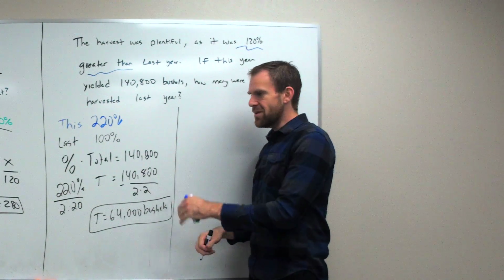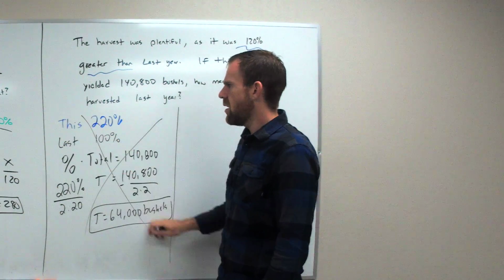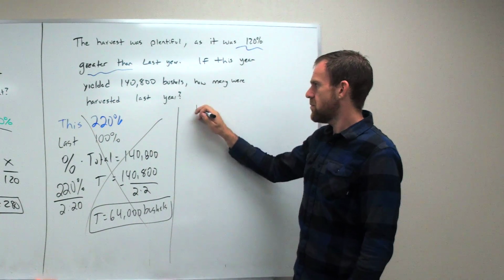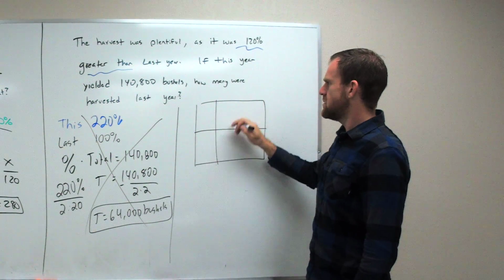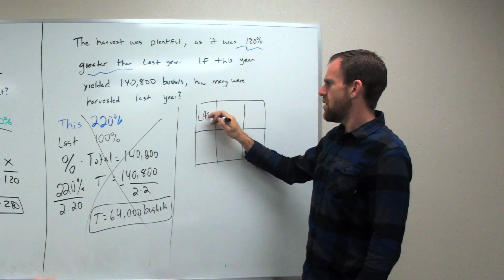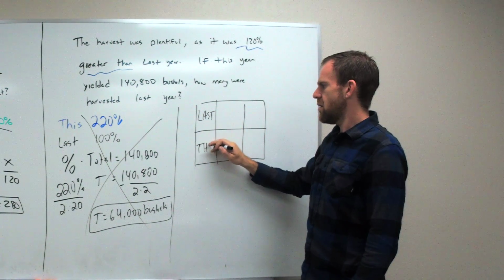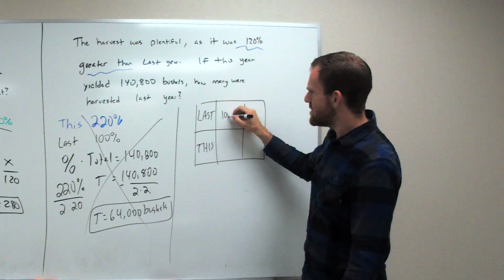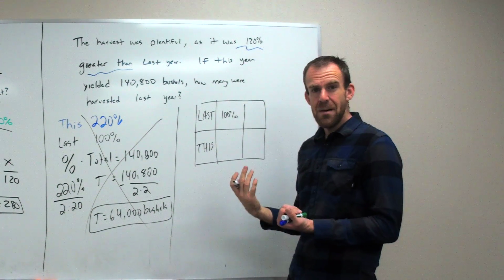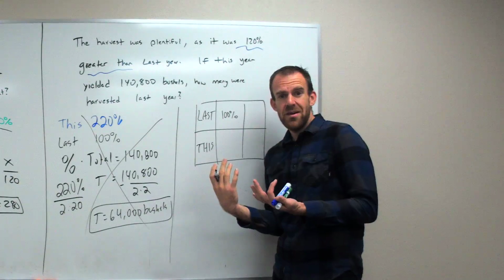So instead of doing that, I would make a table. We have last year and this year. Last year, we had 100% of what we had. That makes sense because there's just all that we had.